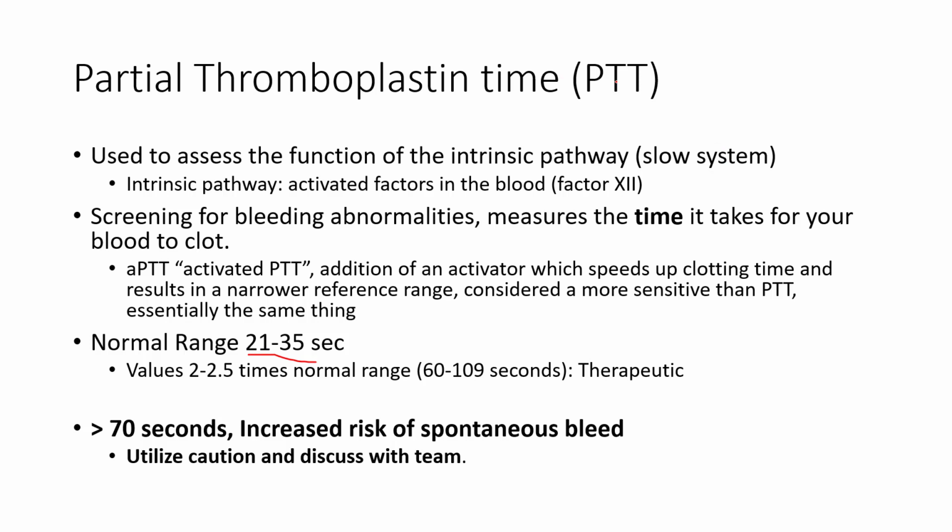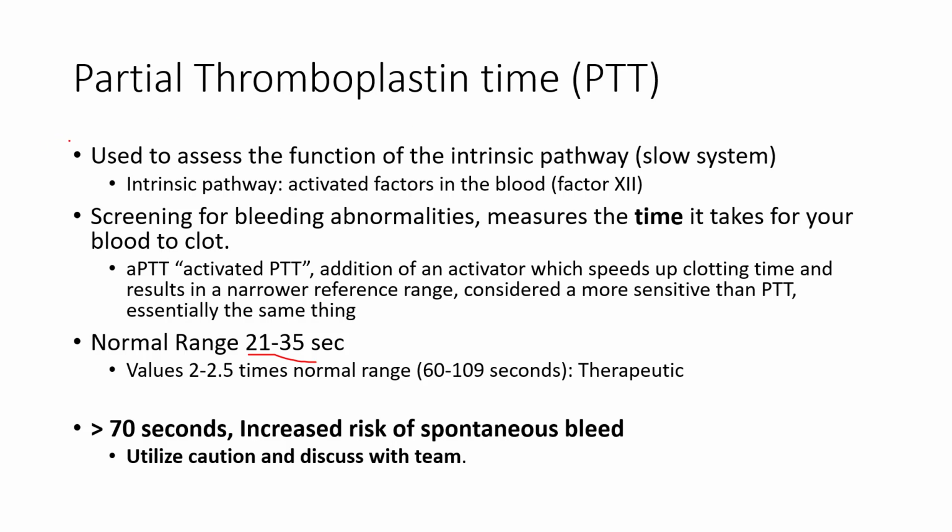So someone's given heparin, the INR is not going to be the value that we're going to look at for therapeutic effect, or whether or not a patient's appropriate. The APTT is. So again, values above that normal range is going to be a higher risk for bleeding. Our critical value for this is above 70, and much higher risk for a spontaneous bleed. Again, use caution, discuss with the team whether or not the patient's appropriate.